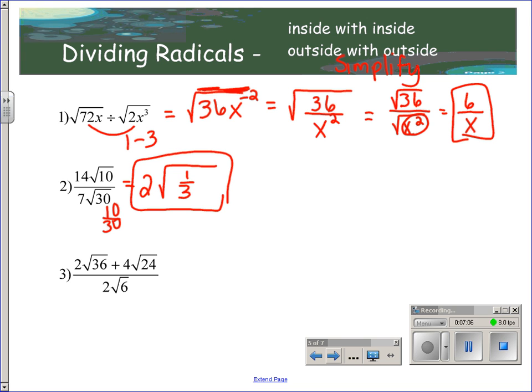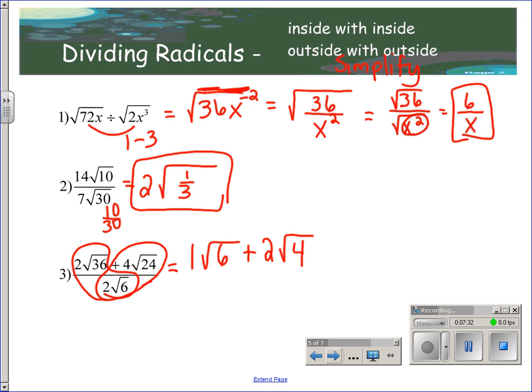So let's look at number 3. You're going to divide the first one with the bottom. What is 2 divided by 2? 1. What is 36 divided by 6? 6. Then you're going to divide the second one with the bottom. What is 4 divided by 2? 2. 24 divided by 6 is 4.